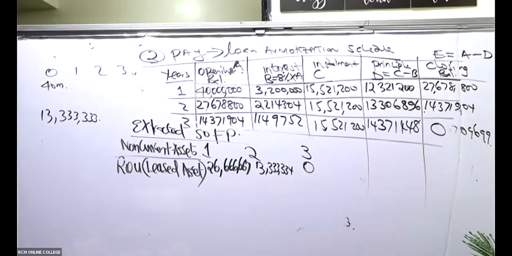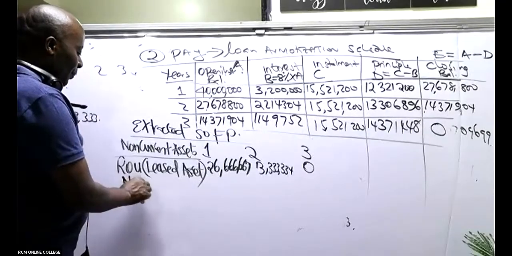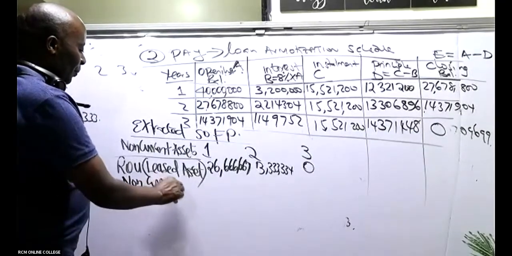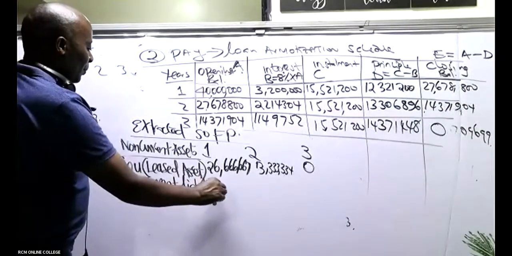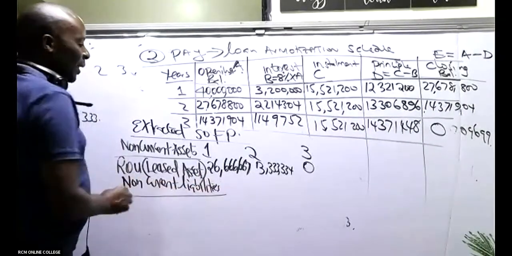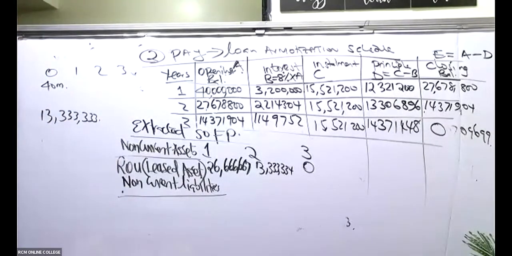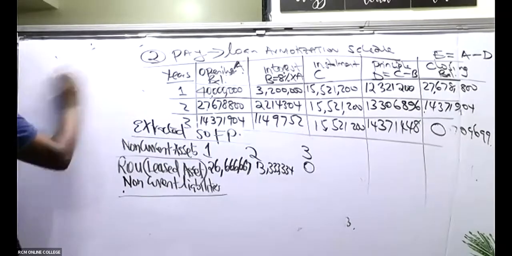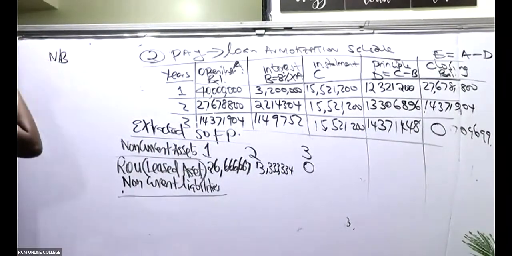Now from there we got the liabilities. So I will start with non-current liabilities. Remember, here you must state a note. What is the note?